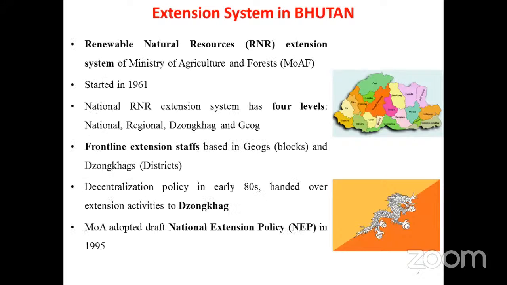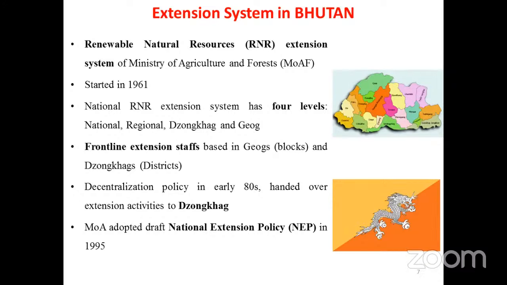The important thing about Bhutan is they have a huge forest area, percentage-wise if you compare it with other land. So they have a renewable natural resource extension system, and moreover it is under the Ministry of Agriculture and Forest. They don't have a separate agriculture ministry; forest is an important component.